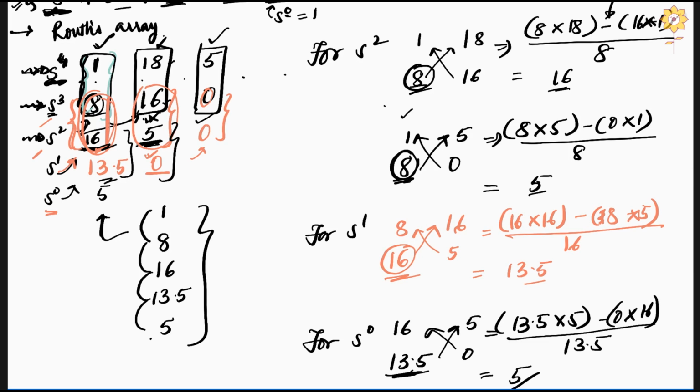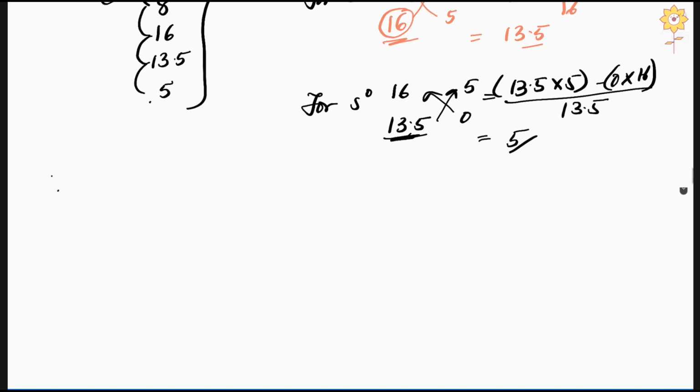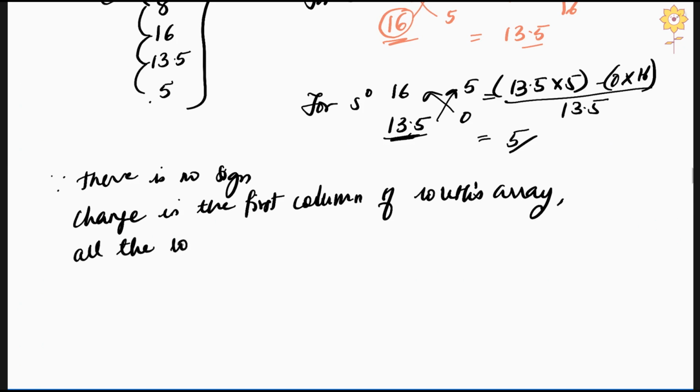So, since there is no sign change in the first column of Routh's array, this indicates that all the roots, I told you what are roots?